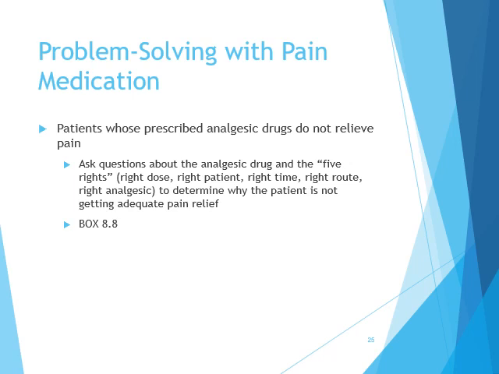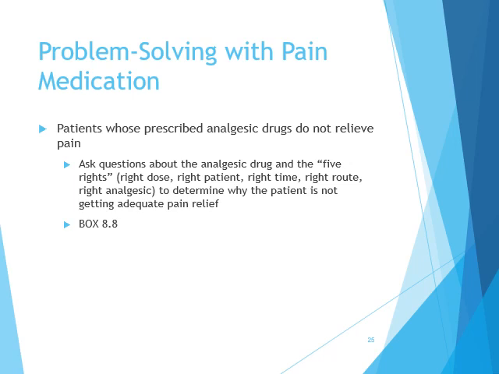Right dose, right patient, right time, right route, right analgesic, and right documentation. And determine why the patient's not getting adequate pain relief if they're not getting relief. Why is it? Is there something else bothering them? Is there some other medication you need to get ordered from the doctor? These are problem-solving questions that you need to ask yourself.